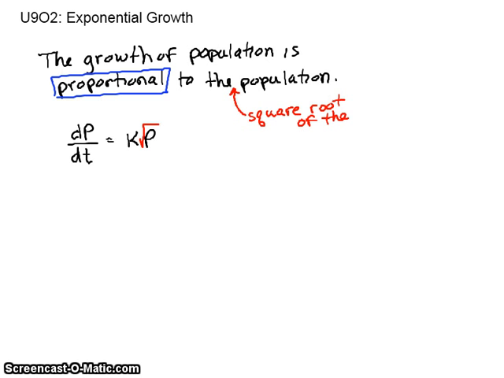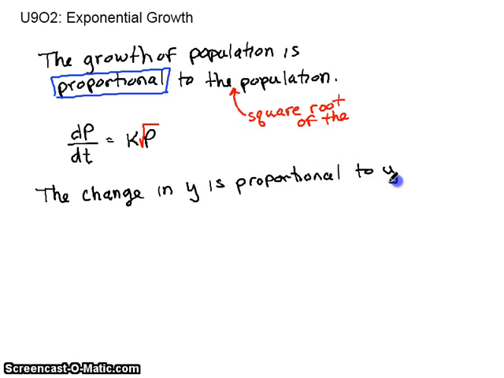If we go back to the original one, and we'll say that the change in y is proportional to y. So dy/dt equals ky. This is one that they're going to ask us to solve. More than likely they won't ask us to solve something like the square root of P, but dy/dt equals ky is something that they will ask us to solve.